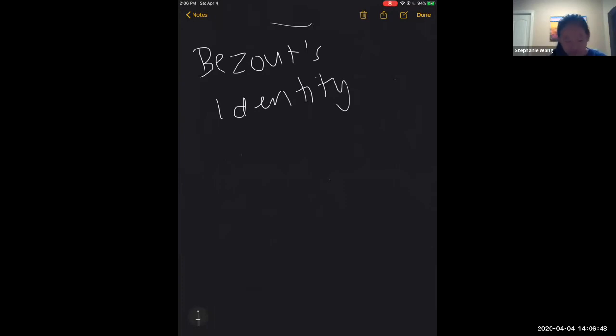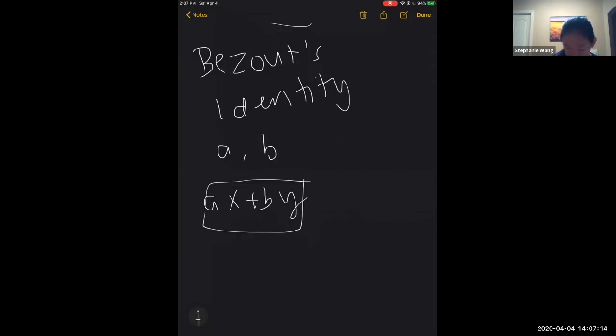Basically, when we have two integers a and b and we try to find the value of ax plus by, where x and y are any integers, positive or negative, doesn't matter, so we're taking any combination of a and b, adding or subtracting, the minimum number that you can get out of this is equal to the GCD. I'll show you a problem that involves Bezout's identity later, and you'll understand what it means.